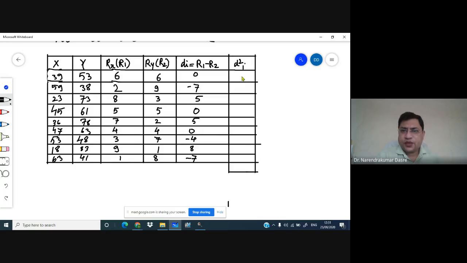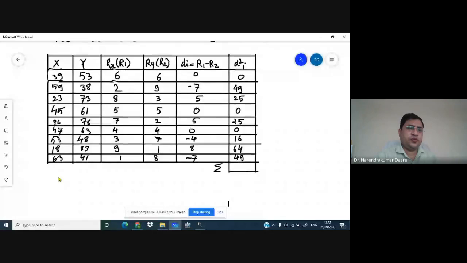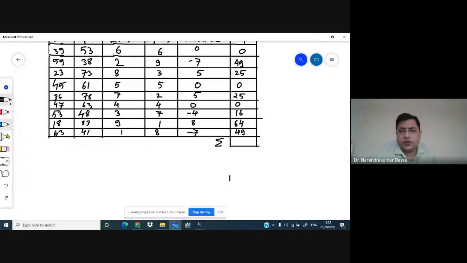Now square this. So we have 0, 49. Then this is going to be 25, 0. This is 25, 0. This is 16. This is going to be 64. And this is 49. And the last we want the summation. Please make the summation and tell me what value you are getting.